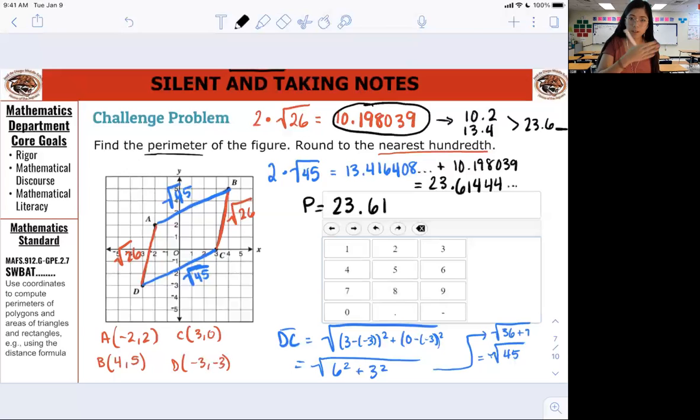So keeping the long decimal helps you know what that hundredths place would be. Because if you just put 23.6 and left it like that, that would be wrong. It has to be 23.61. All right, any questions on this one?